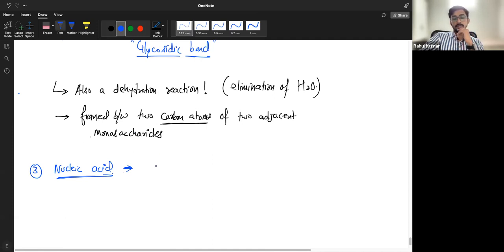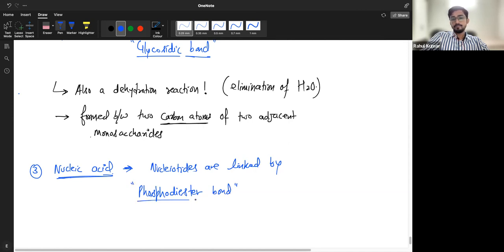The monomers, nucleotides, are linked by phosphodiester bond. Phosphodiester bond.